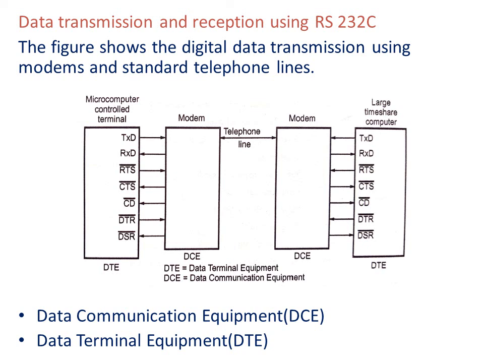DTE to DCE communication is through the RS-232C connector, and the different modems are connected through telephone lines. That is what is represented in this diagram.